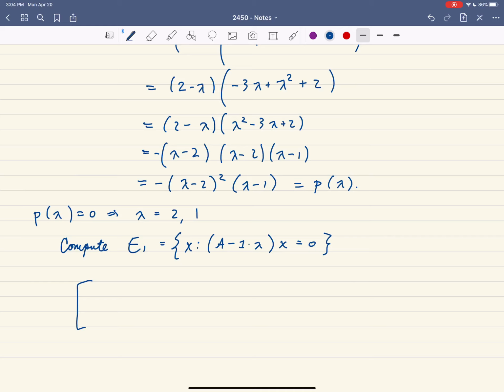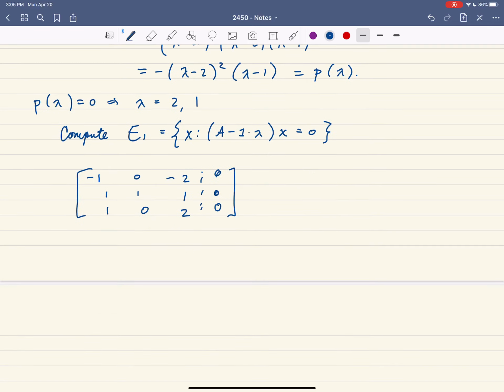If lambda is 1, then A minus I is going to be minus 1, 0, negative 2, 1, 1, 1, and 1, 0, 2. And then we're going to augment that with the 0 matrix.